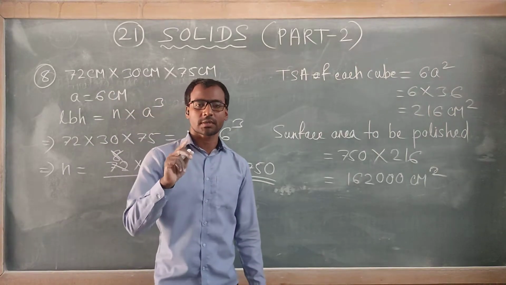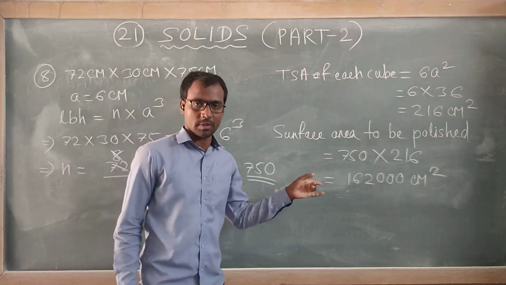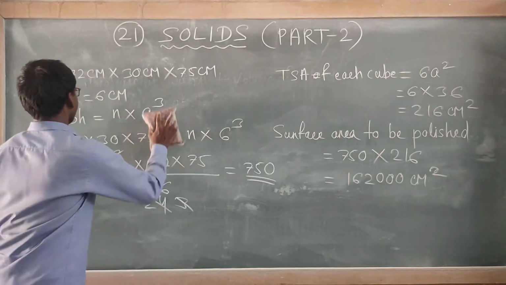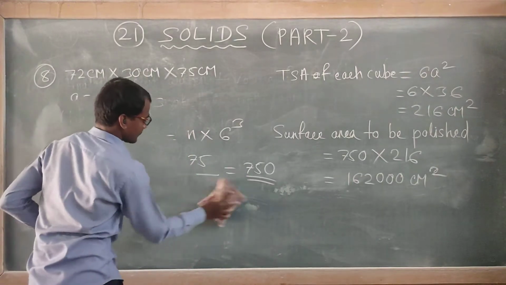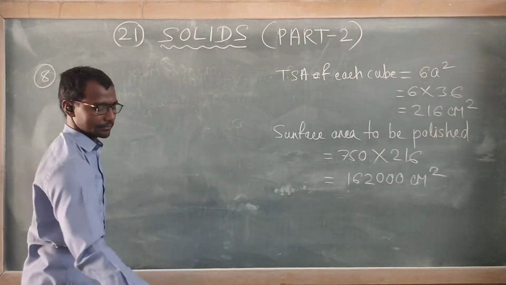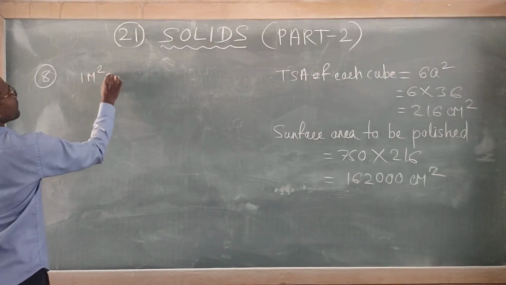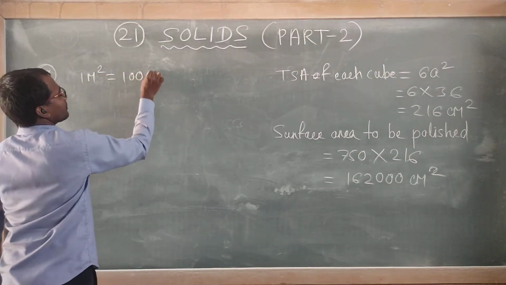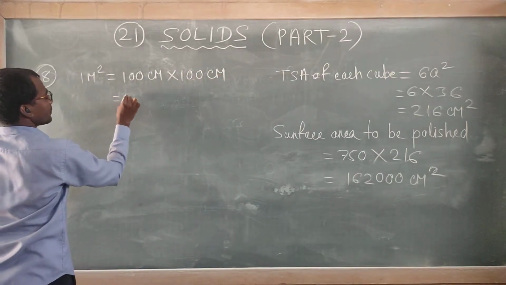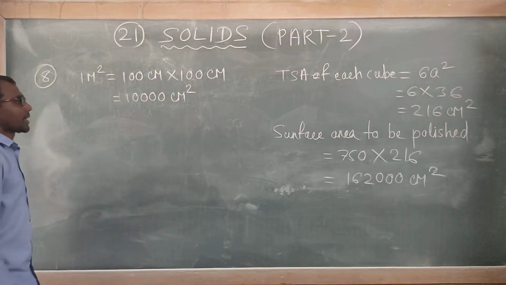But the rate is given in per square meter, rupees 150 per square meter. So let us convert this to square meter. Now how to convert this to square meter? See, one square meter is equal to 100 cm into 100 cm, which is 10,000 square cm.